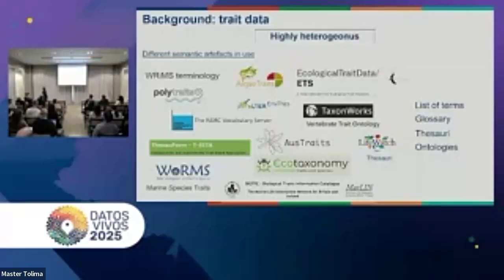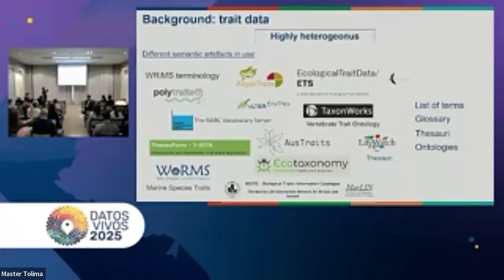So the last challenge is related to semantics. One of the barriers to the integration of trait data is that the scientific communities have not agreed on most of the definitions related to trait data concepts.